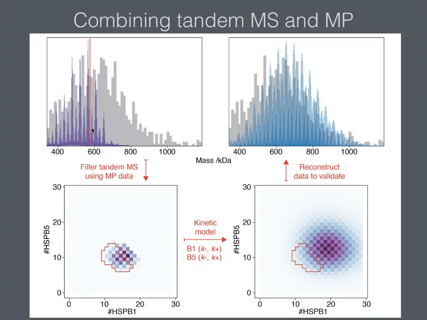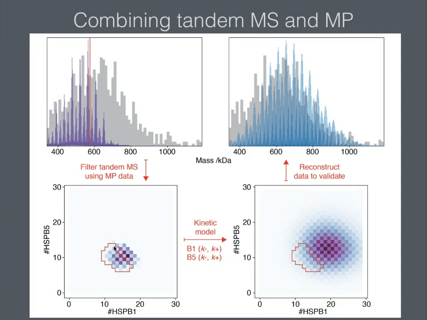So what we can do is take advantage of this correlation of the two approaches and filter the tandem mass spectrometry data, so filter the purple data set according to its correspondence with the mass photometry. In rough terms, you can view that as a red line cutoff here. Translated into the oligomeric distribution, that means you're truncating part of the overall distribution. We're not going to take the truncated part as real, but we will take what falls within this red boundary as an accurate measurement.